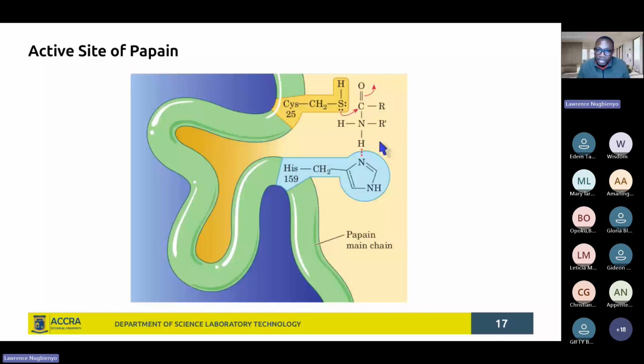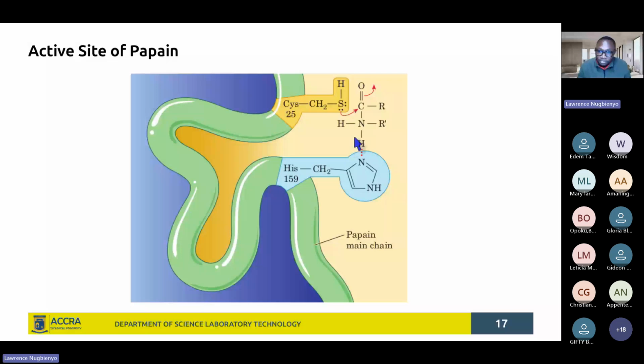So the bond to be broken is between the carbon and the nitrogen. That is the peptide bond that is to be broken. And you see the sulfur in cysteine has a lone pair of electrons that can carry out a nucleophilic attack on the carbon.